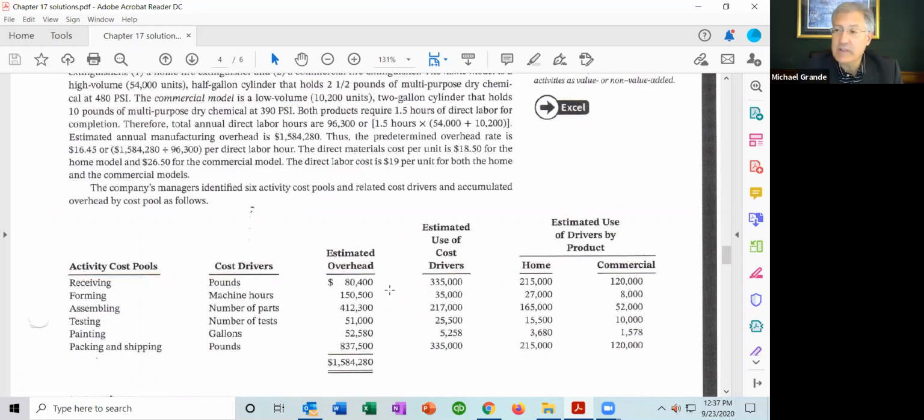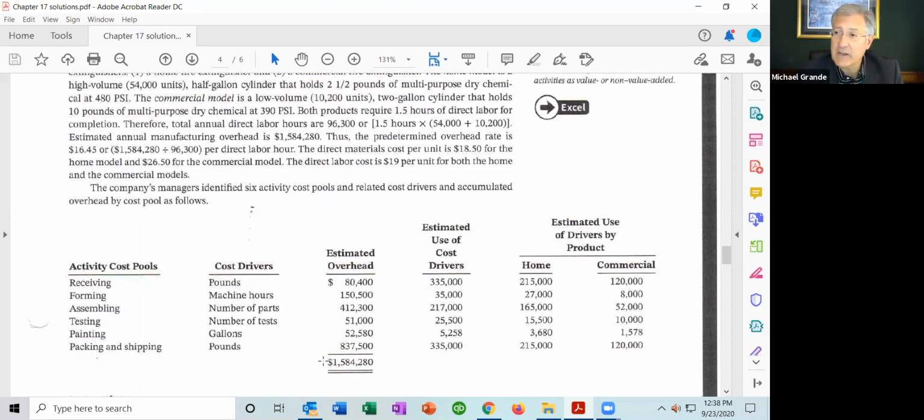So what is really interesting here is the following. You've got the cost pools, the cost drivers, and they broke down the overhead into each of the cost pools. Remember, they said the total estimated manufacturing overhead was $1,584,000.